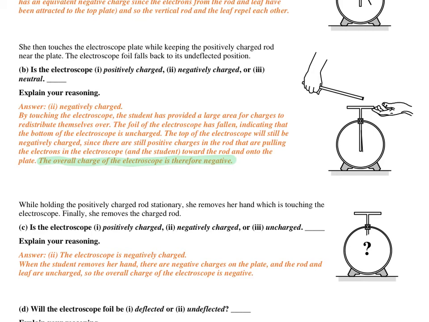Hand is removed, and the electroscope is negatively charged, just like it was before the hand was removed. But that positive rod is still drawing electrons to the plate. So what you would have is an unequal charge distribution. More negatives at the top than the bottom. You remove the rod, what's going to happen?